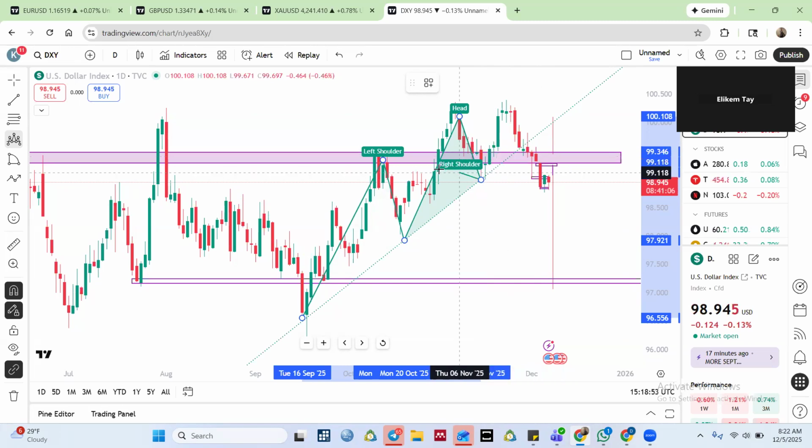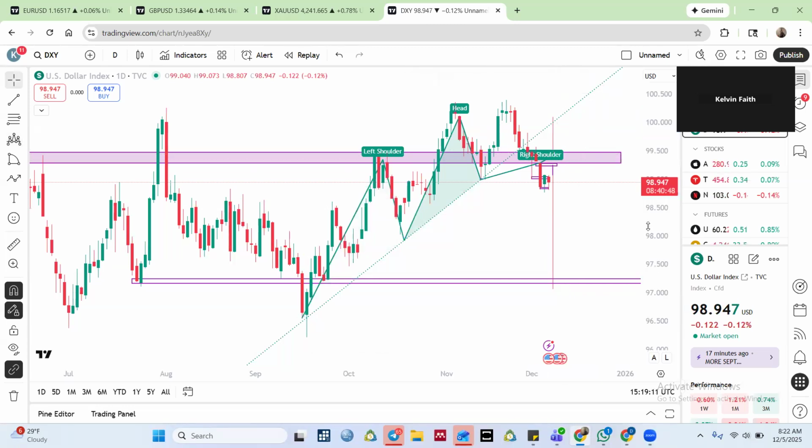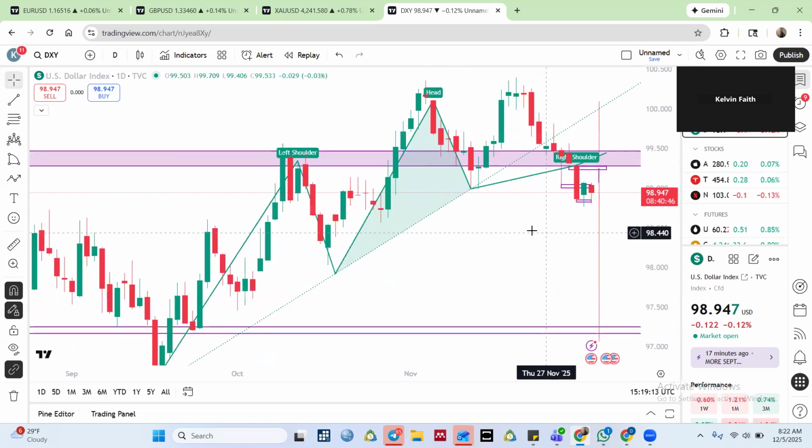We need a right shoulder to form at the support, where the buyers were taken out. We need a right shoulder or a retest of that place. That's what I was looking for. But yesterday, the daily candle did not really retest where I was looking for it to retest.